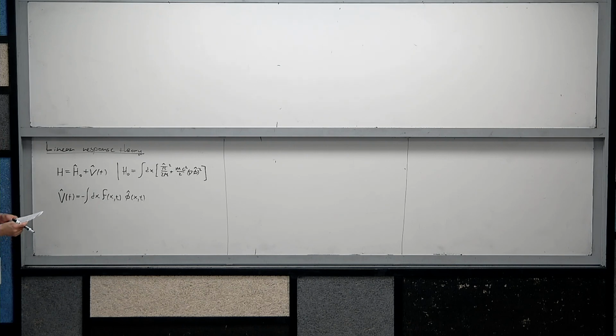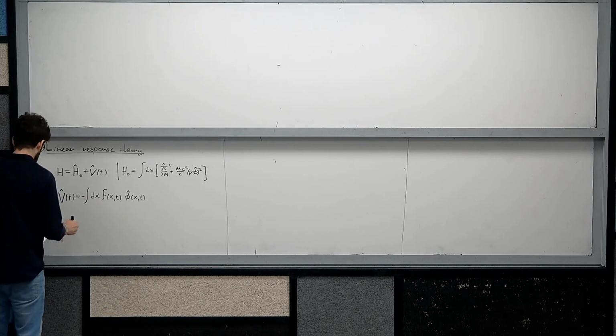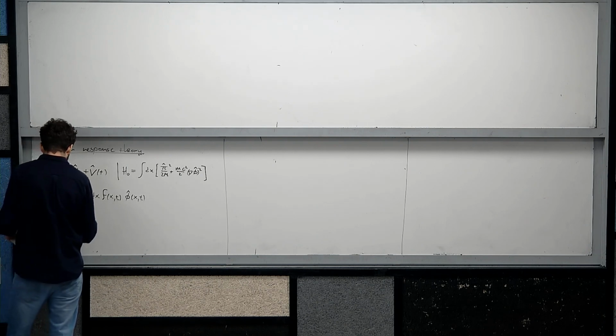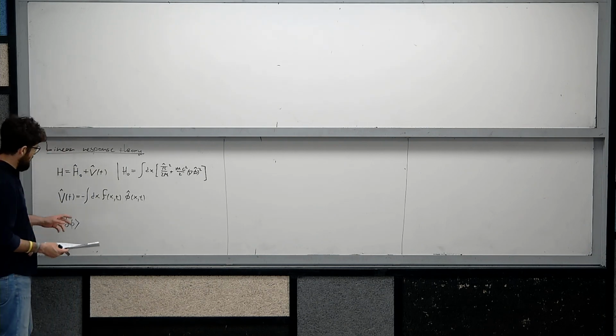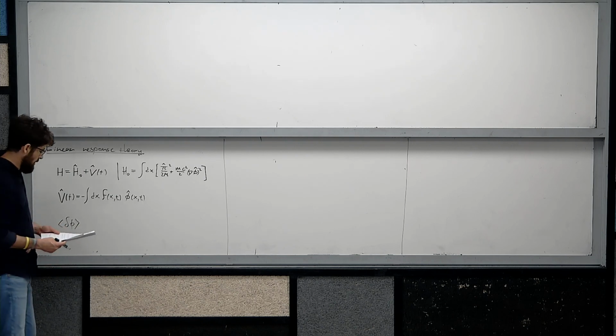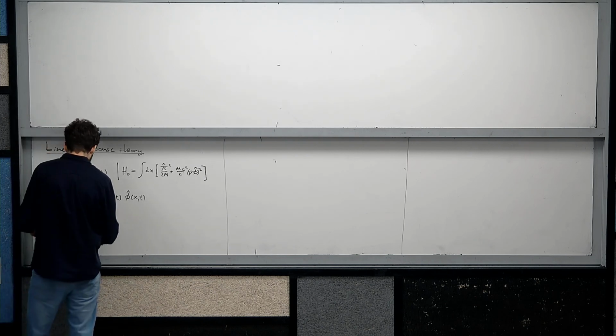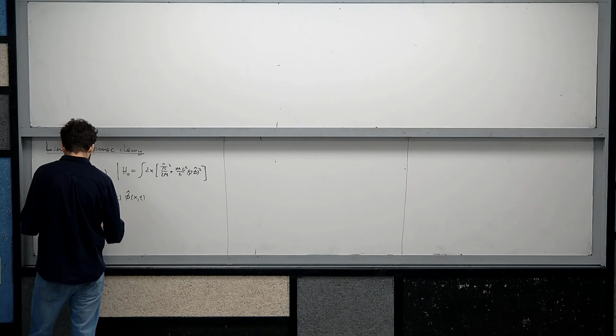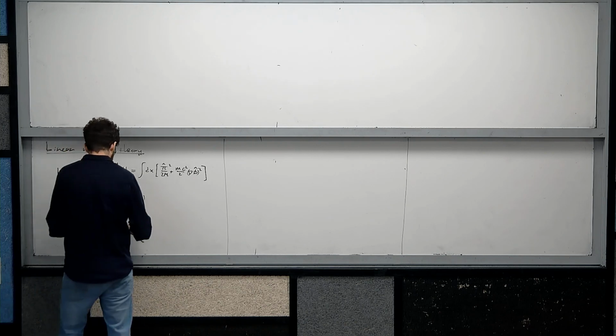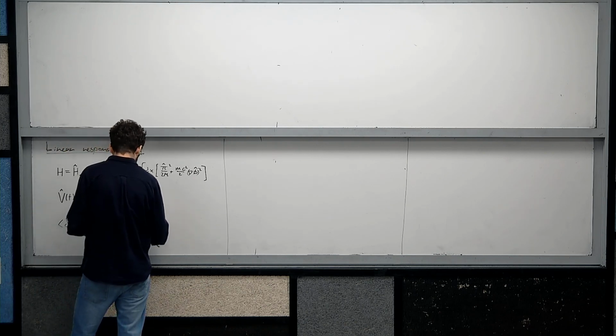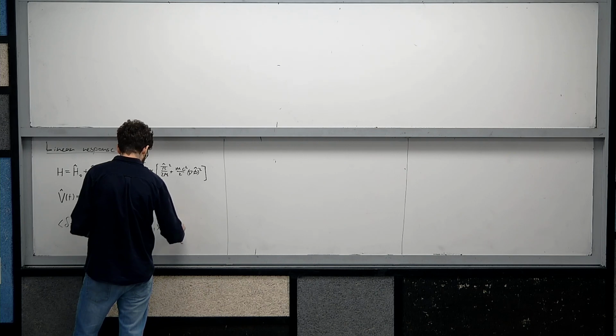And then we said that our goal is to compute the average of some delta phi, which is phi minus its average without the perturbation, which would be some integral dt prime dx prime chi of t minus t prime, x minus x prime, f of x prime.